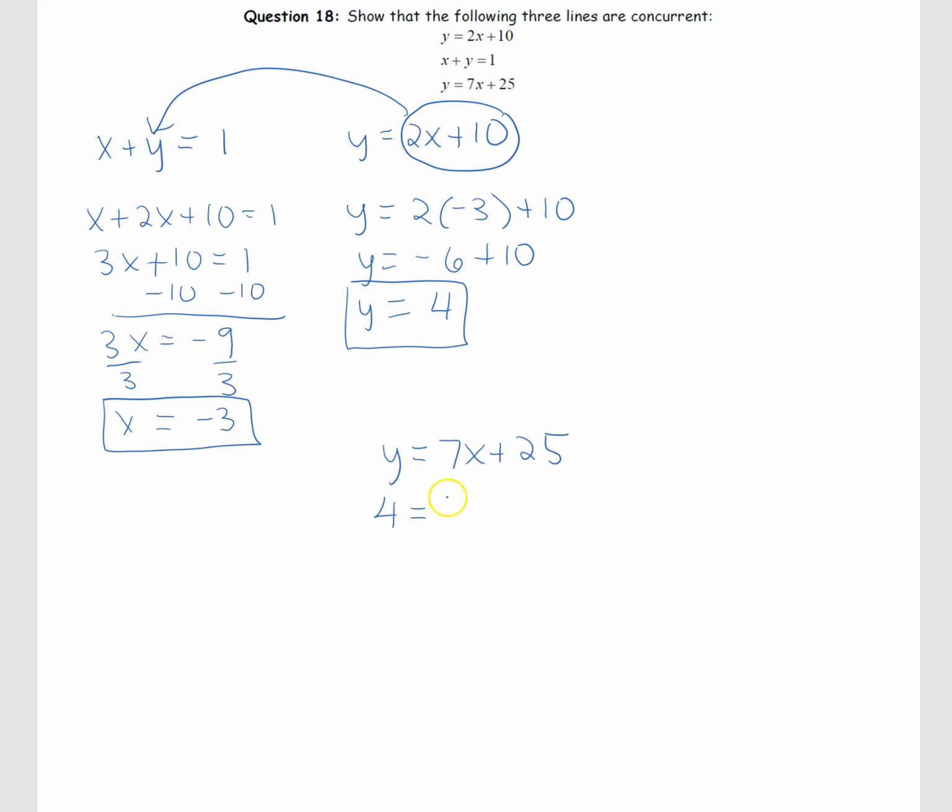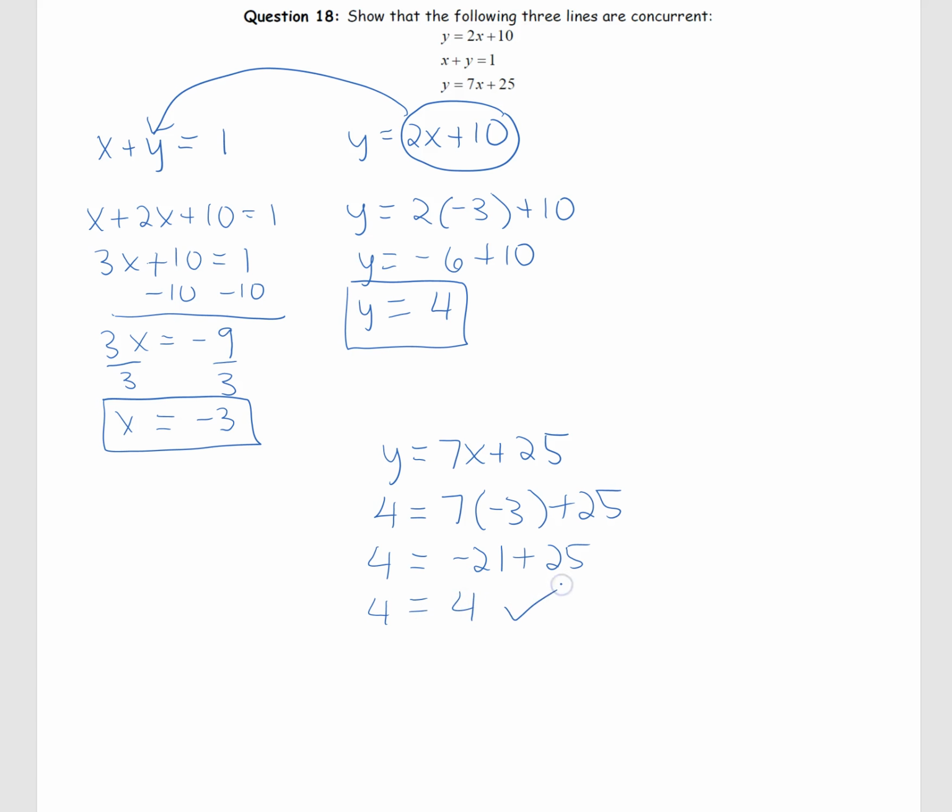So this is 4 equals 7 times negative 3 plus 25. 7 times negative 3 is negative 21, plus 25, and negative 21 plus 25 is positive 4.